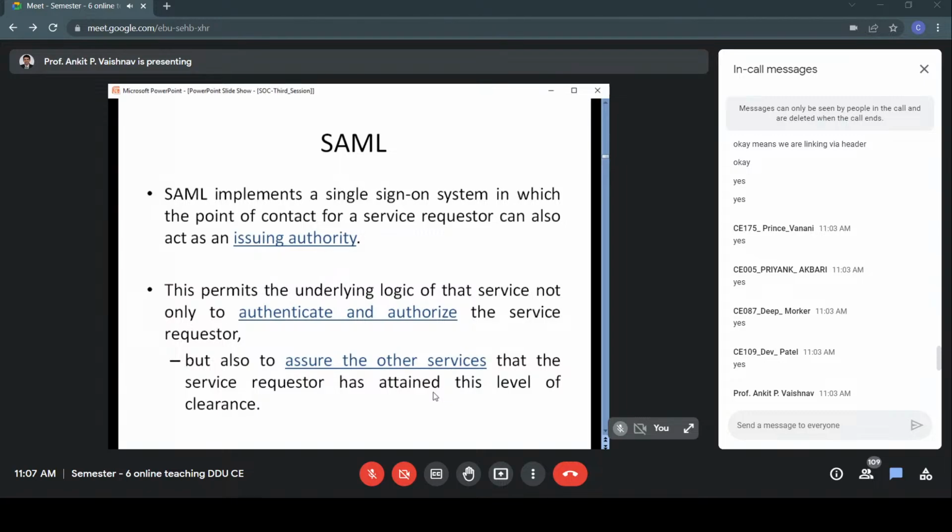Yes or no? It is just like that. I hope you are getting this example. Once your DDU ID is issued, can you access the library or even the admin section or anywhere else?